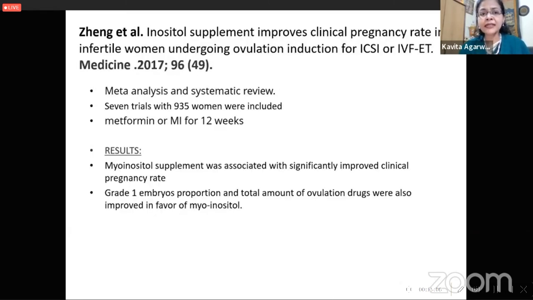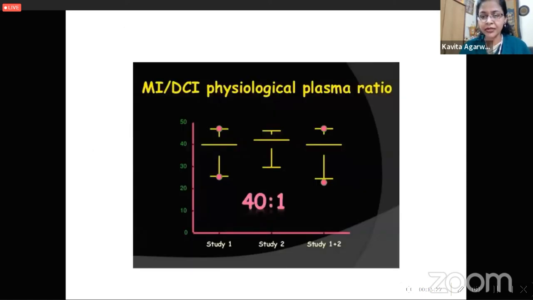Then in 2017, again, a meta-analysis and systematic review was done on 935 women, and they again found that myo-inositol supplement was associated with significantly improved clinical pregnancy rate, and the grade 1 embryo proportion and total amount of ovulation drugs were also improved in favor of myo-inositol.